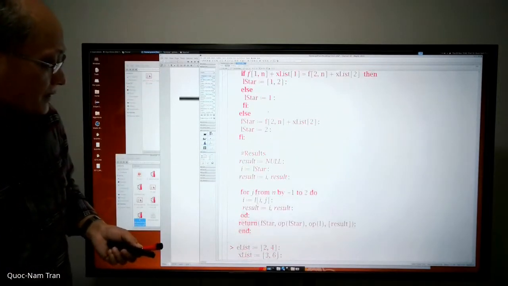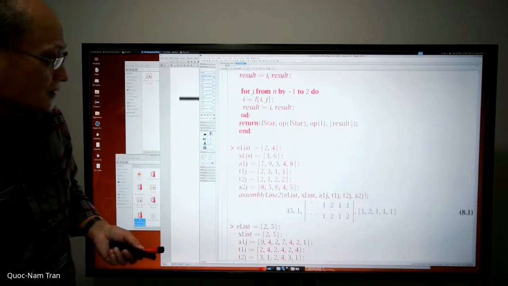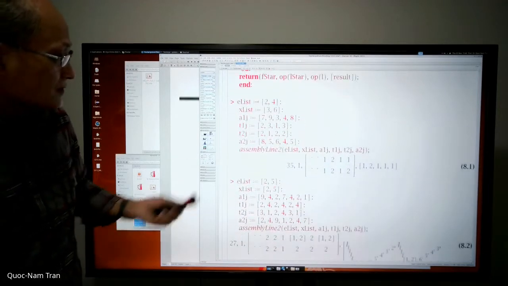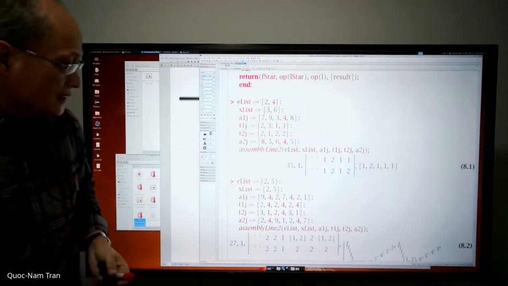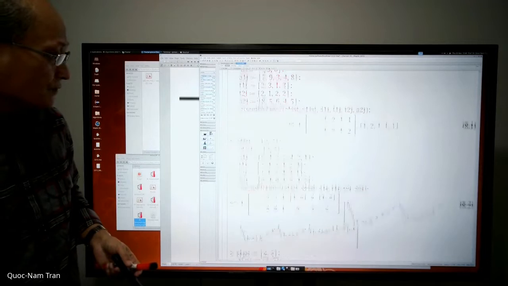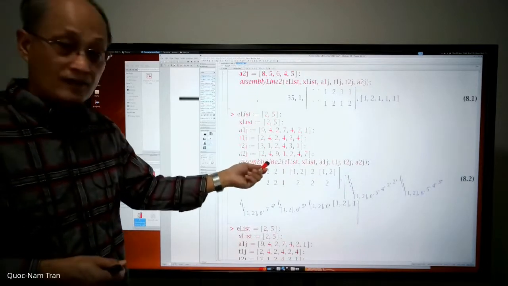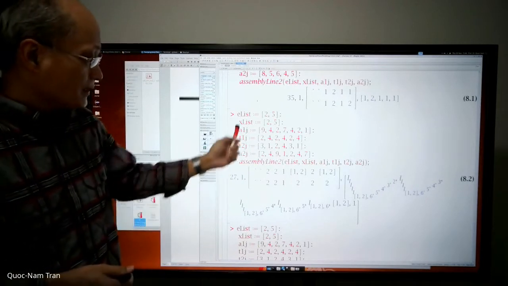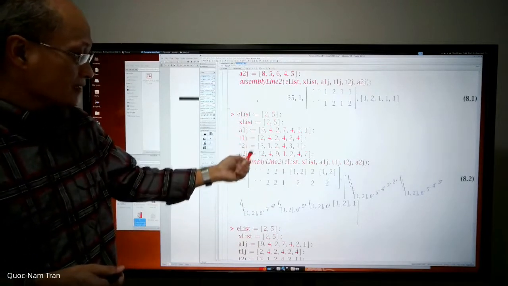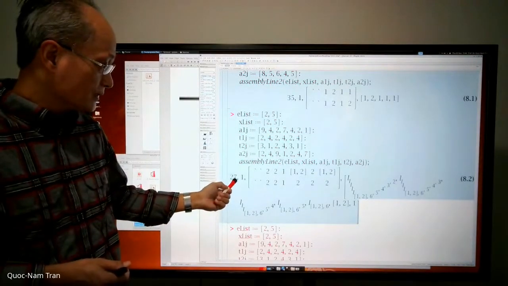Okay, and then here is what we have for this. Here is an example I used in the slides. And then here is what I gave you for the hands-on practice, right?